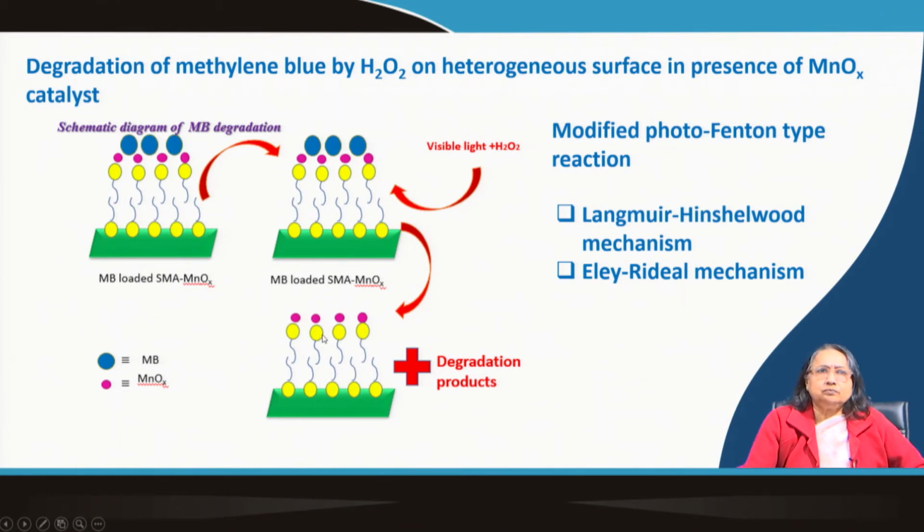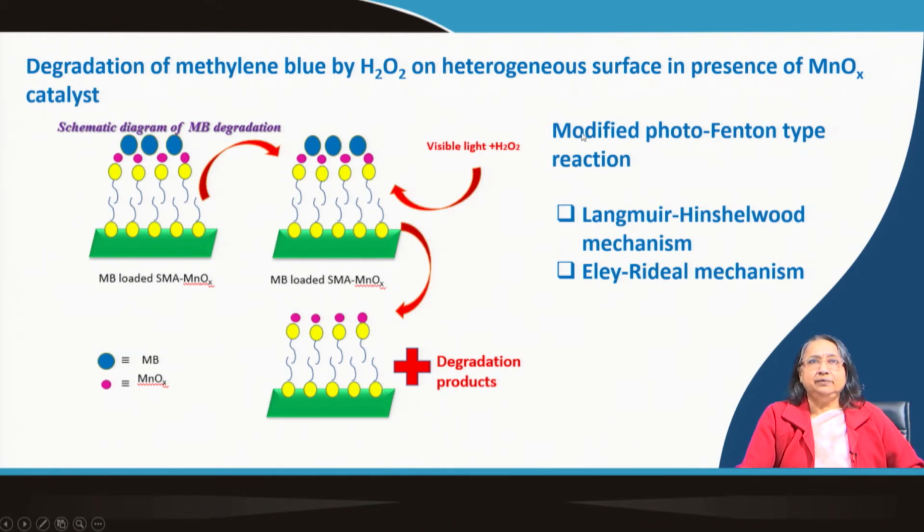Now, after that what will happen? The products will go out, so the catalyst remains free for another molecule of methylene blue to come and react. Okay. So, this is called a modified Fenton type catalyst.